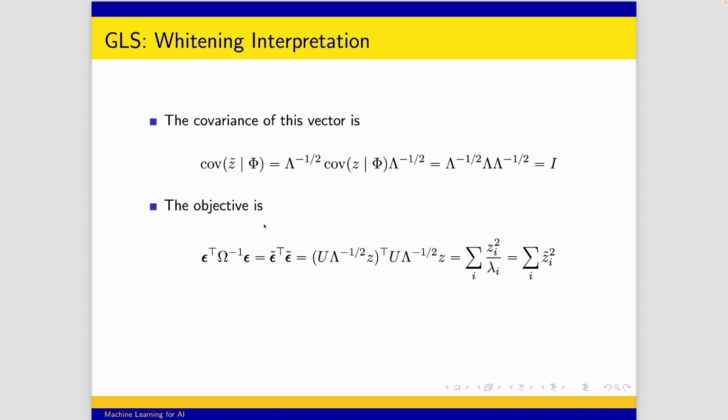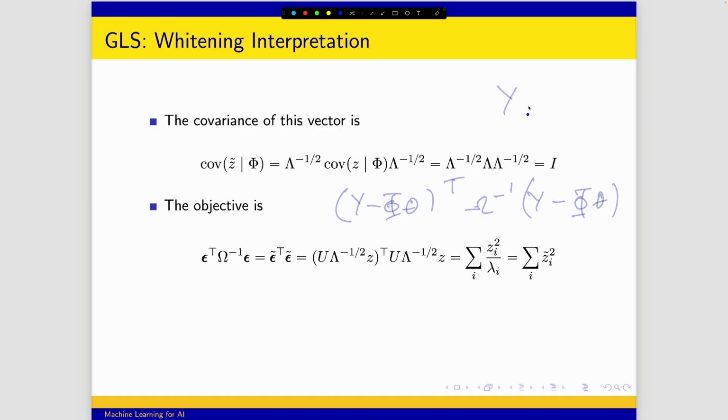Let's first tie this into the objective. And this is the key thing, really, in all of this. Well, the objective is what? The objective is to minimize the Mahalanobis distance. And what is the Mahalanobis distance? It's (y minus phi theta) transpose omega to the minus 1 (y minus phi theta), right?